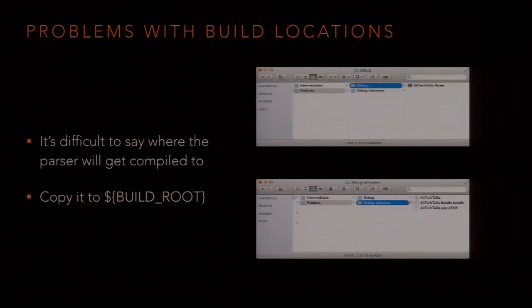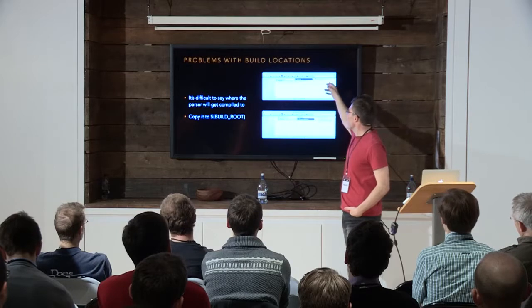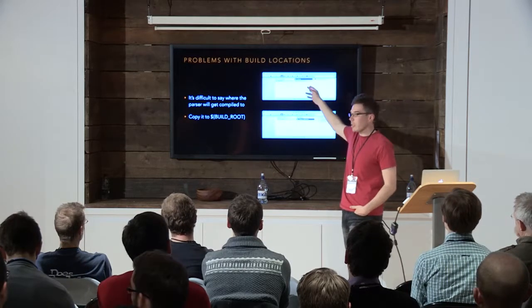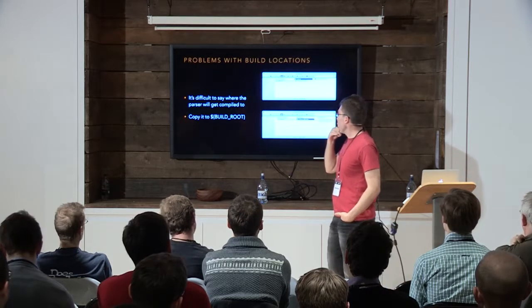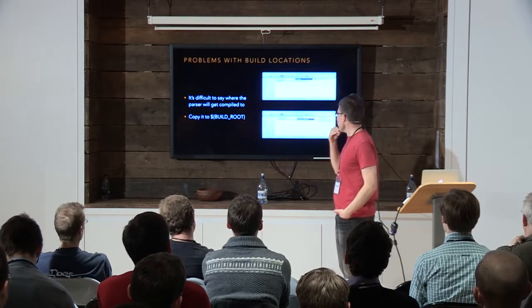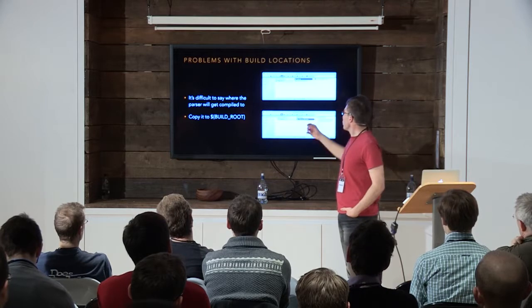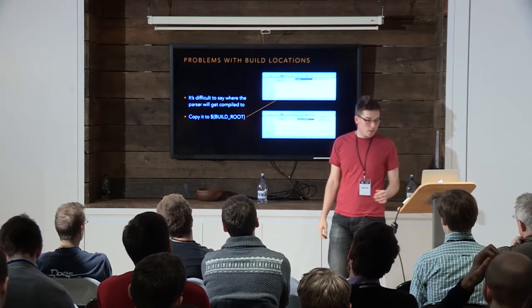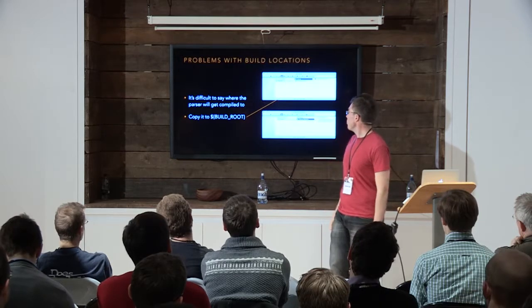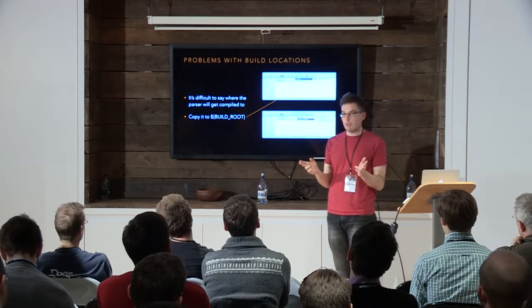This is one of the problems we have with the build location, is that the parser's getting built into debug. If you're doing a debug build, it's debug; if it's release, it's release. It's not the same location as the iOS stuff, because the iOS stuff gets postfixed with iPhone OS or iPhone Simulator. So what we need to do is copy the parser into this folder here, because both targets will know about this folder.